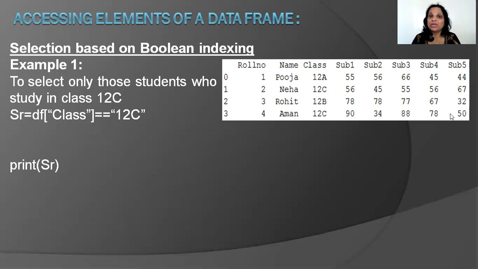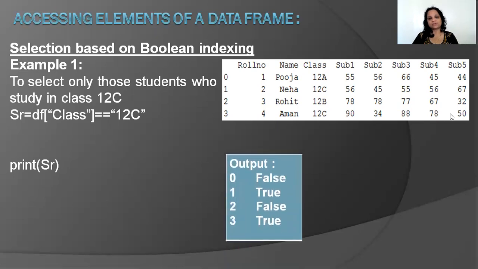Now, when I say print SR, don't think it will print the rows, the names of the people and the subject, where they are 12C. See what it prints. Can you guess what's happening when you print SR?